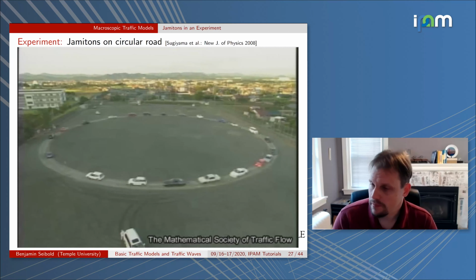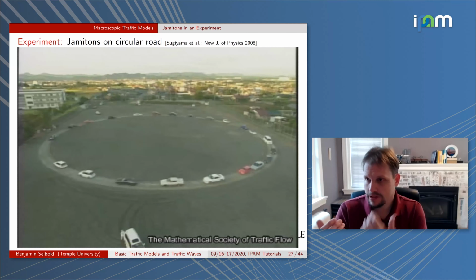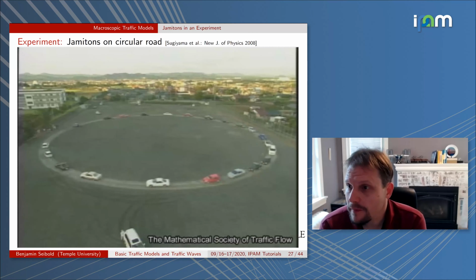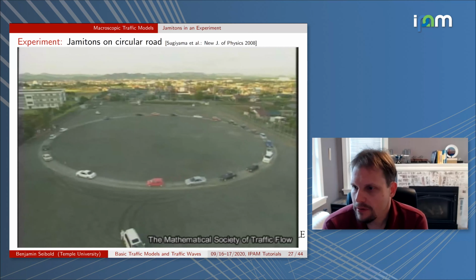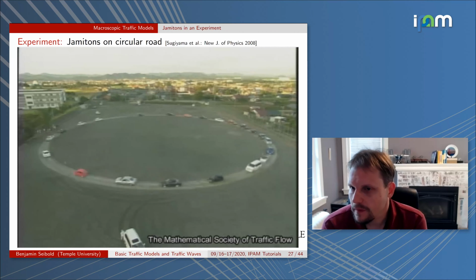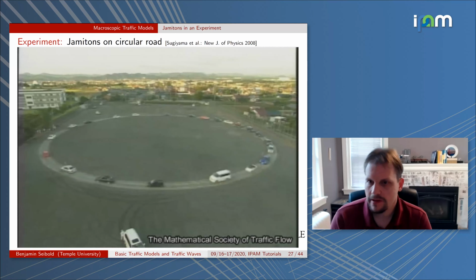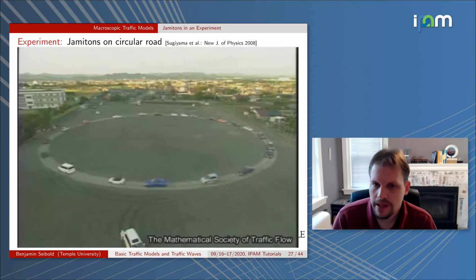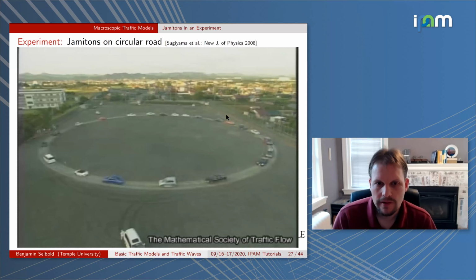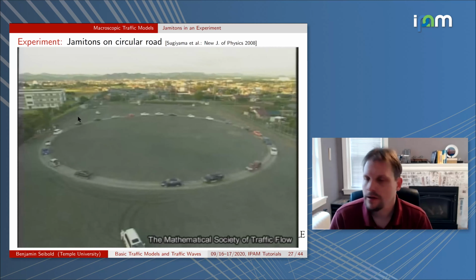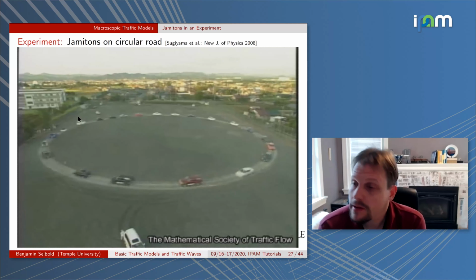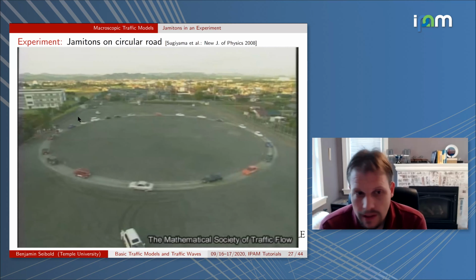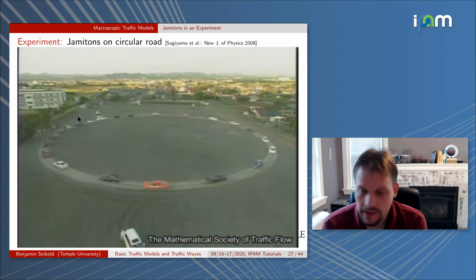Of course, there's always little imperfections, but the question is, do these perturbations amplify and systematically grow and drive the system away from a uniform flow, or is the uniform flow stable? And you see in this case, the uniform flow turned out to be unstable. The system was driven away from it and dynamically went into a state that is a traveling wave solution that goes backwards along the road. That appears to be an attractor of the system, and certainly dynamically stable because it persists, right?